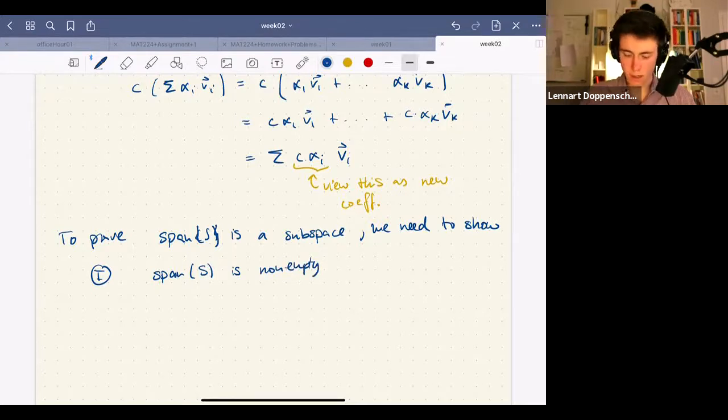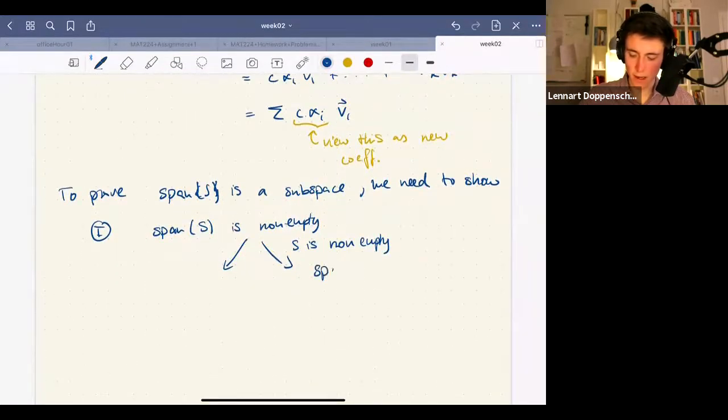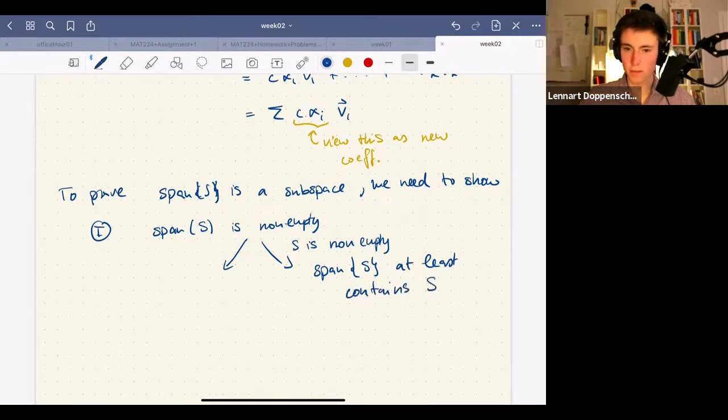And I mean, there are two cases. Either S is non-empty, so then the span of S at least contains S. So whatever is in S will also be in the span S. Or if S is empty, then by convention, we still have the zero vector.